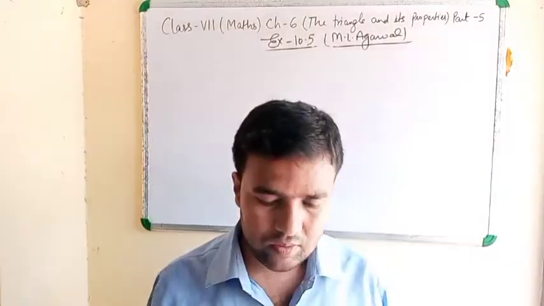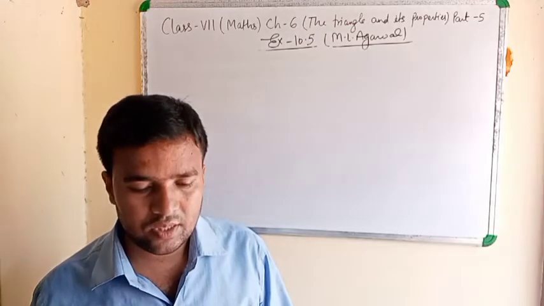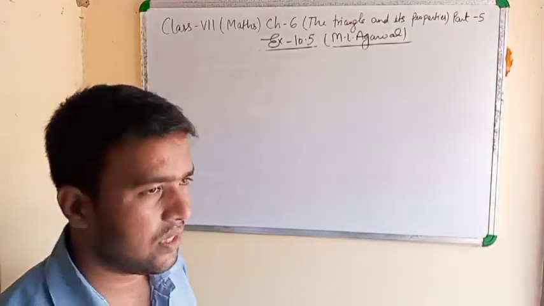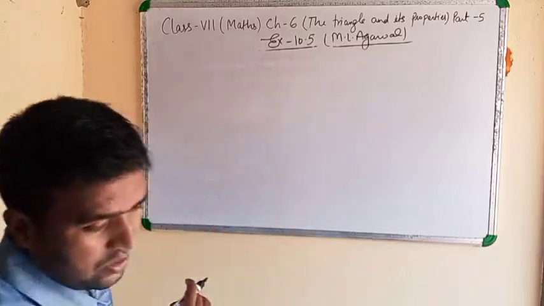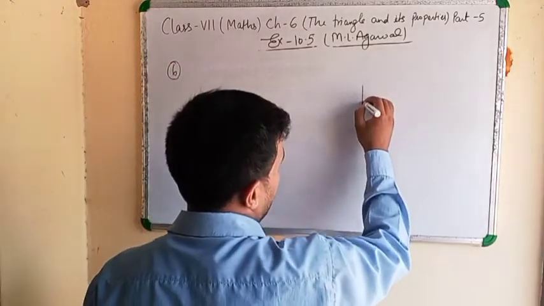Question number 6. Find the area and perimeter of the rectangle whose length is given and length of diagonal is given. It is a rectangle.